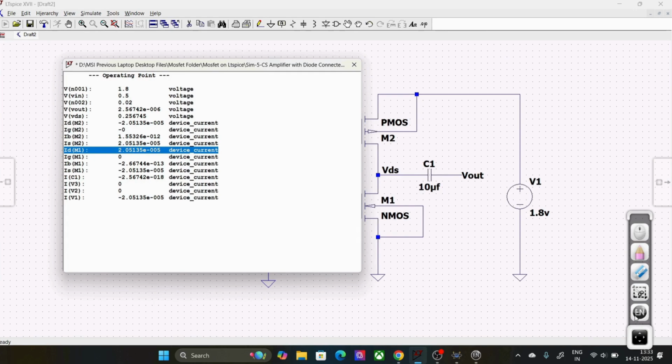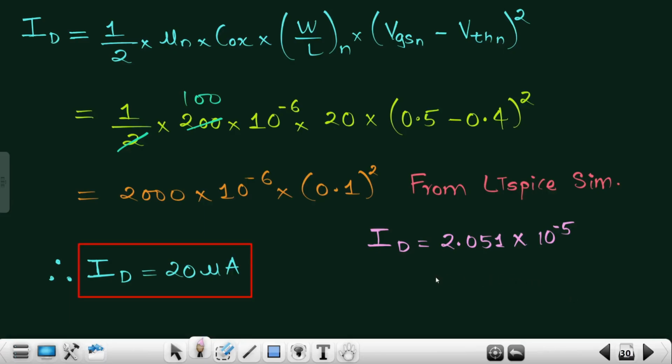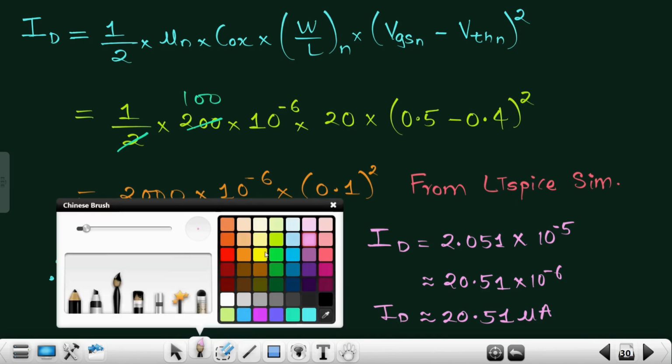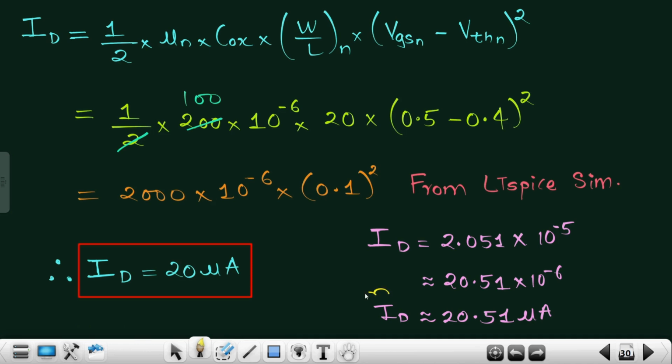Okay, just put this thing in your mind. So that means it is almost equivalent to 20.51 into 10 raised to minus 6, which accounts for 20.51 microamperes, right? So quite closer to what we want. In fact, this is the reason why we are getting some extra gain.